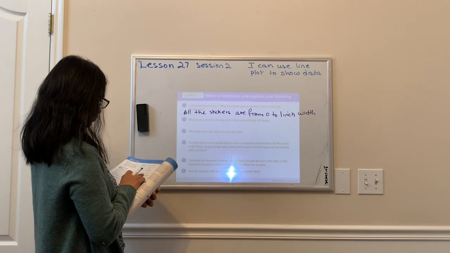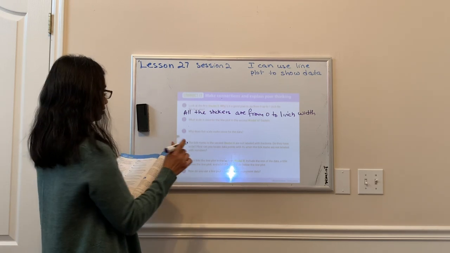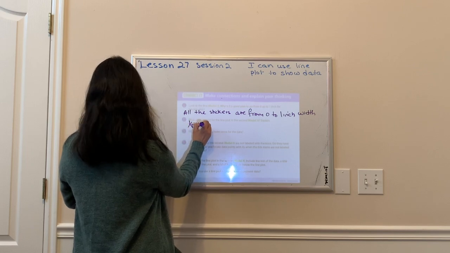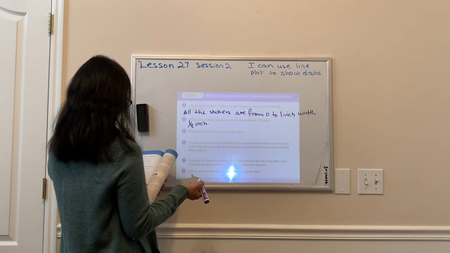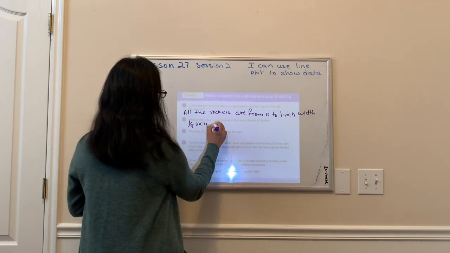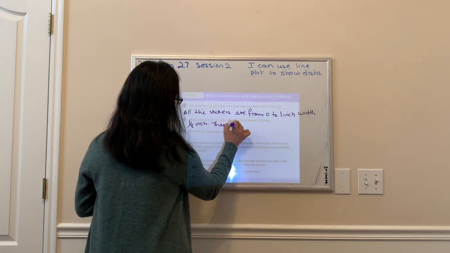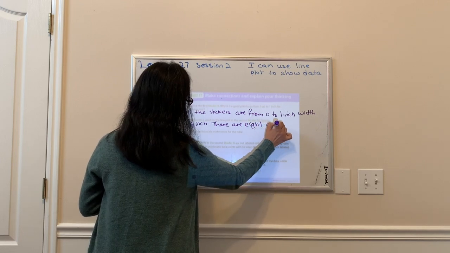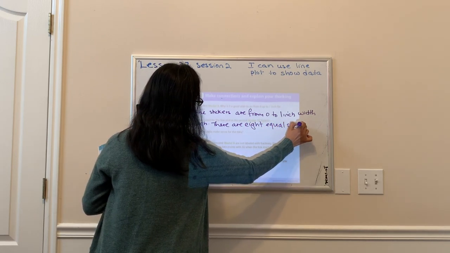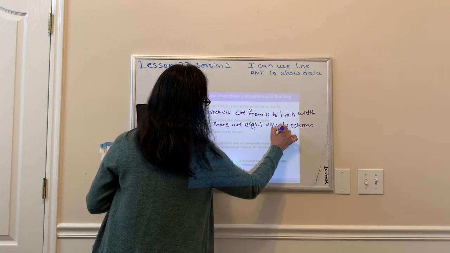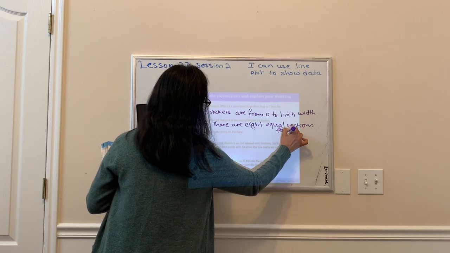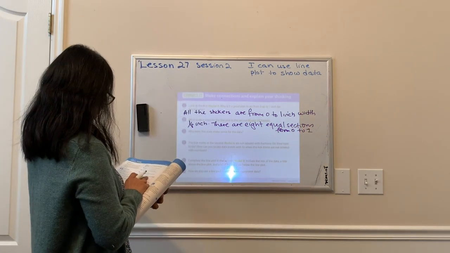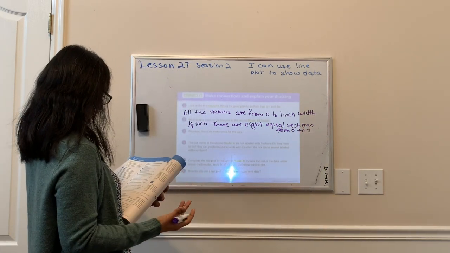What scale is used for the line plot in the second model? So we used 1/8 because it's the smallest one, right? Because there are 8 equal sections from 0 to 1. And number 3, why does this scale make sense for this data?